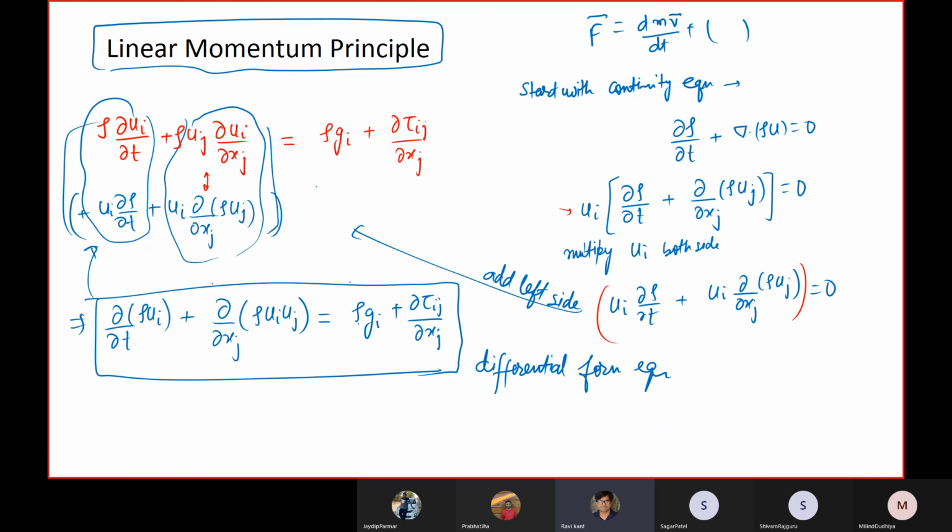Now, just to make sure that things are coming at the whole volume, I'm going to integrate everything with dV volume. I can do that.